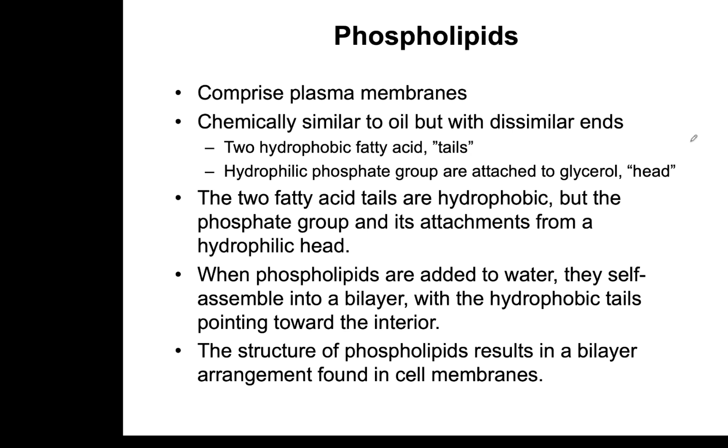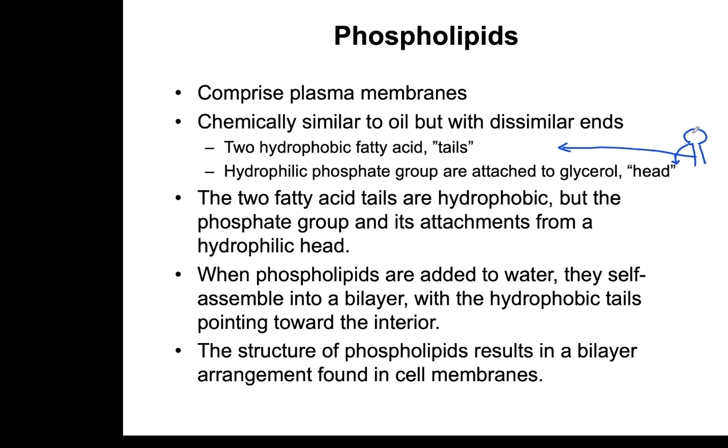So we can simply draw it this way. This is the head part, hydrophilic region, and this is the tail part, hydrophobic region. These 2 fatty acid tails are hydrophobic, and this head region is hydrophilic, which has a phosphate group.